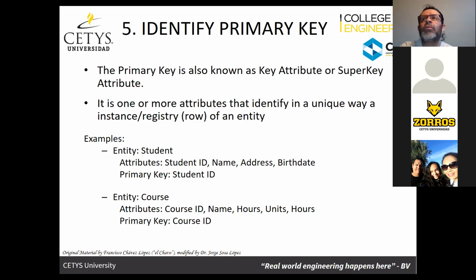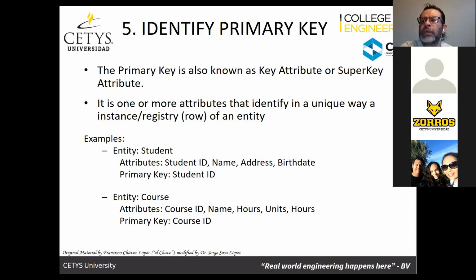What do you think would be a problematic situation with regards to primary keys and entities? I just gave you two examples where I think it's clearly stated that there's an attribute that can be a primary key. But what could be a problematic situation that we might face when we're defining entities and attributes? What do you think?